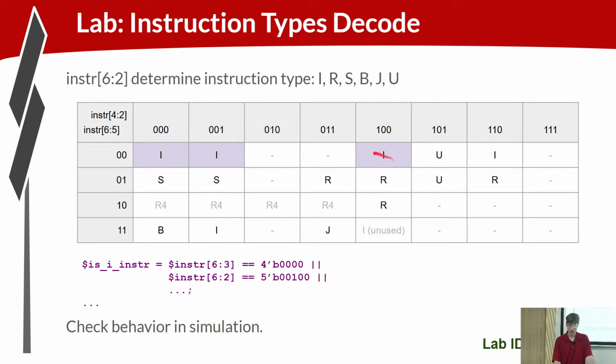And then for this cell, I'm comparing with 0, 0, 1, 0, 0. Okay, and then you can add in or this case, that would be I type. And then continue on for the other types, right? So S type, R type, U type, J type, B type.